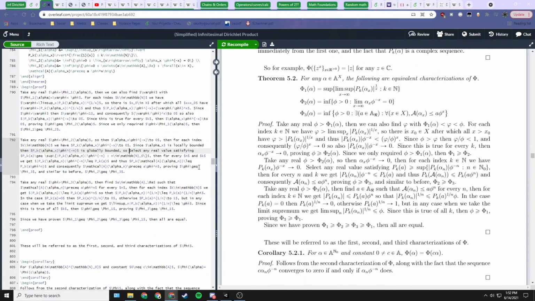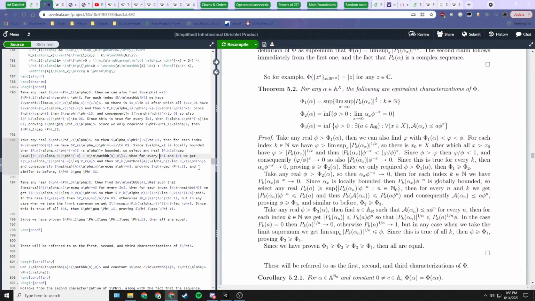So select any real p sub k a greater than or equal to the supremum and this should be x, phi prime minus x, alpha sub x. It should also be phi prime minus x. Let me see how that looks.